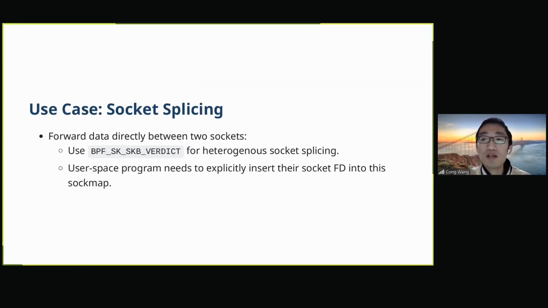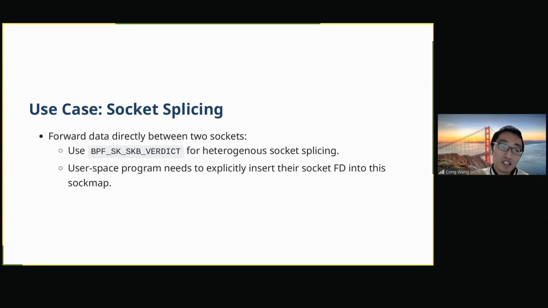Here, like I mentioned, I prefer to use the generic one, which is the SKB verdict, and we don't need to care that much about the type of the socket within the map. As long as the socket family itself supports the sockops operation, we are good here.